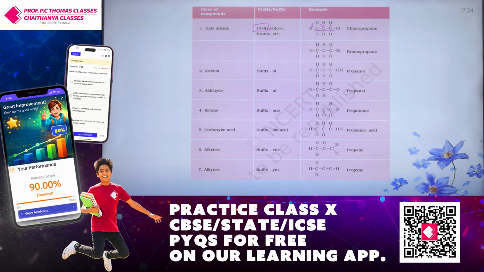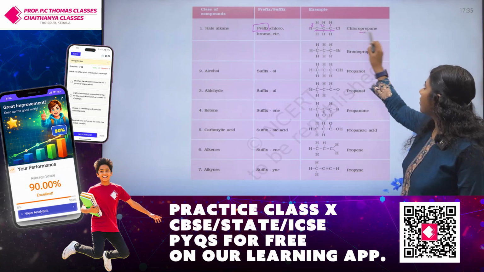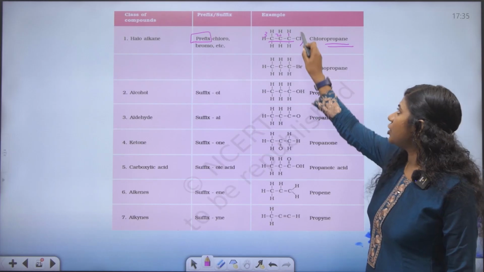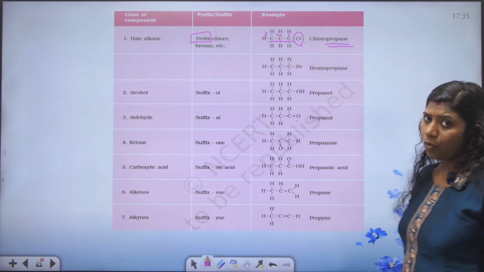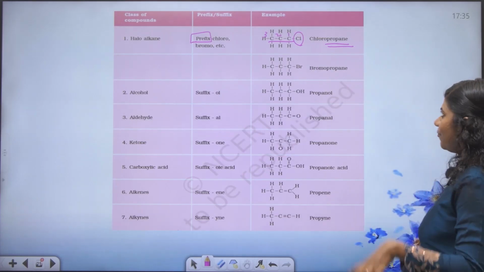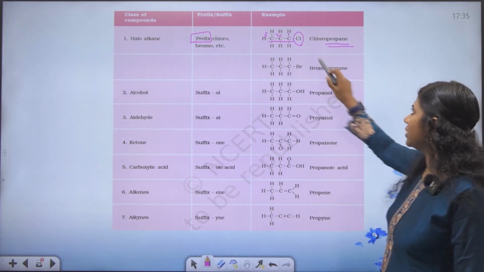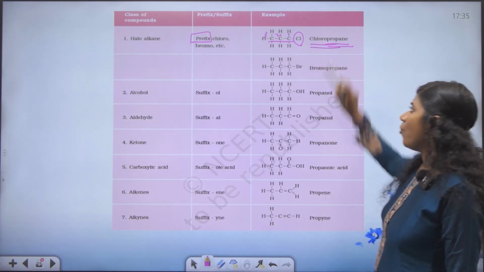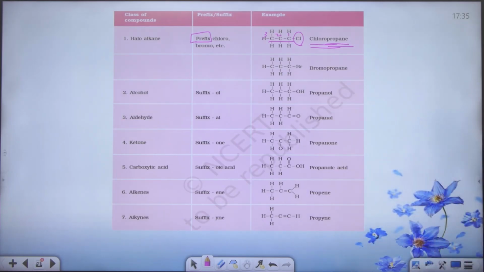Total number of carbon atoms 3 means the word root is prop, and all carbon-carbon bonds are single bonds. That means it is an alkane, so the name ends with ane: propane. The functional group is chlorine, used as prefix chloro. So the name of this compound is chloropropane. Okay. Is it clear?